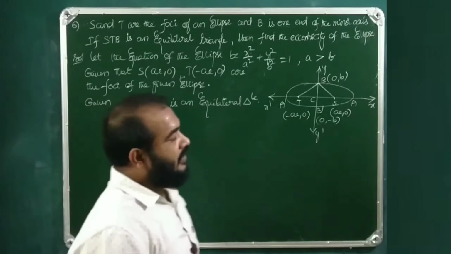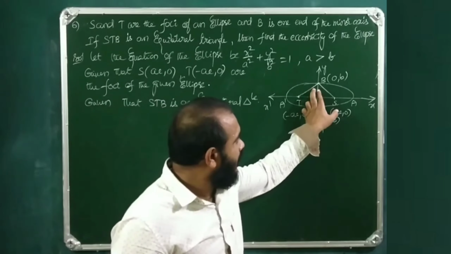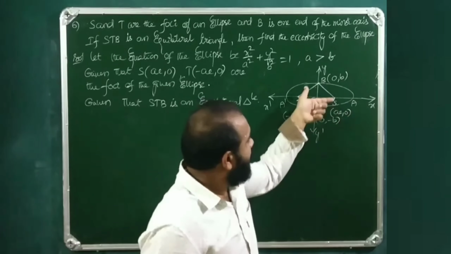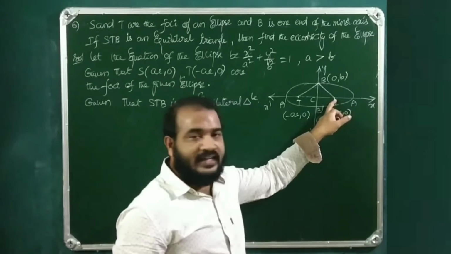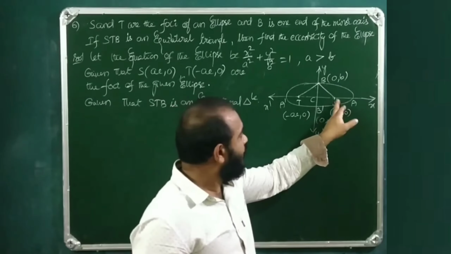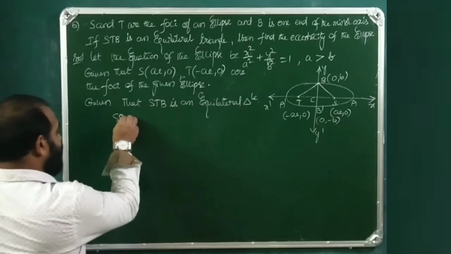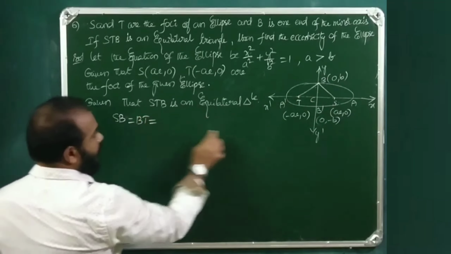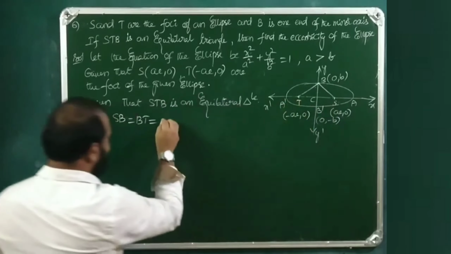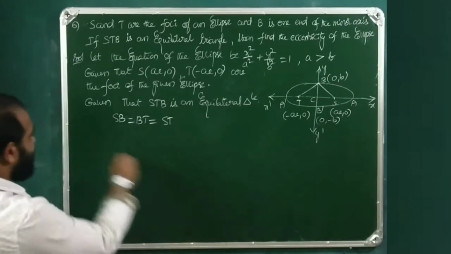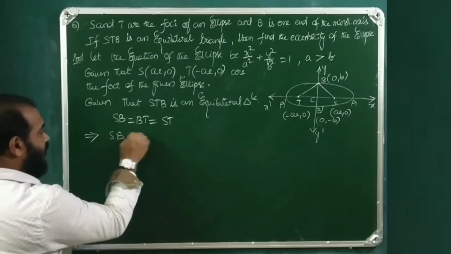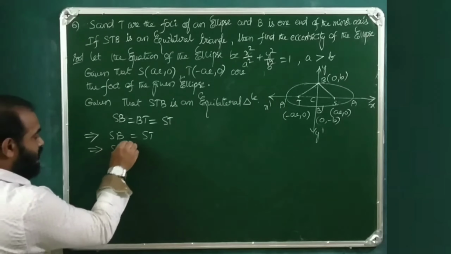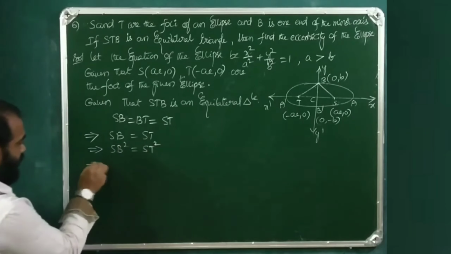That means in an equilateral triangle, this angle is 60 degrees, and all sides are equal in length. So SB is equal to BT is equal to ST. So let us take SB is equal to ST. Squaring on both sides, SB square equals ST square.